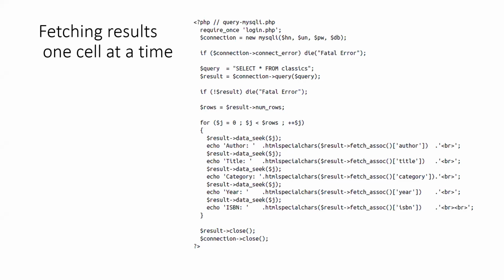Okay, so here is how we can actually use it. You can see everything we put into a single file. And in this particular case, the first line is accessing the login information. We created the connection. And then we have the query, and then we execute the query. Right, now, once you have executed the query, we should know how many rows there are.